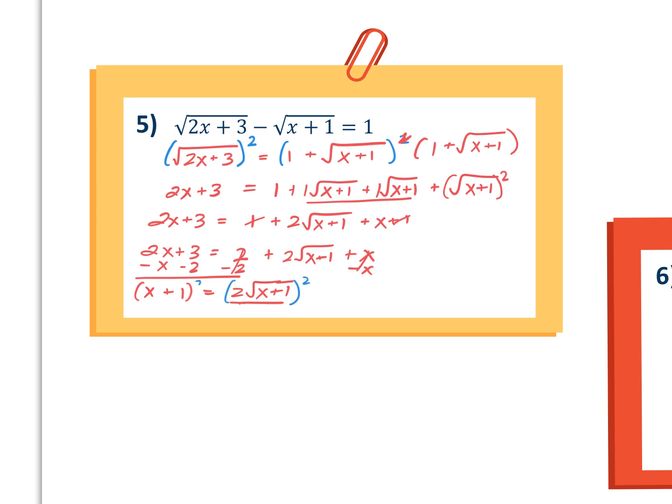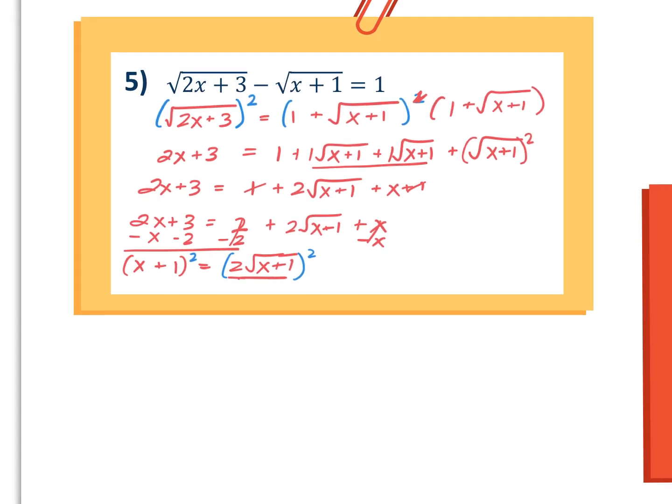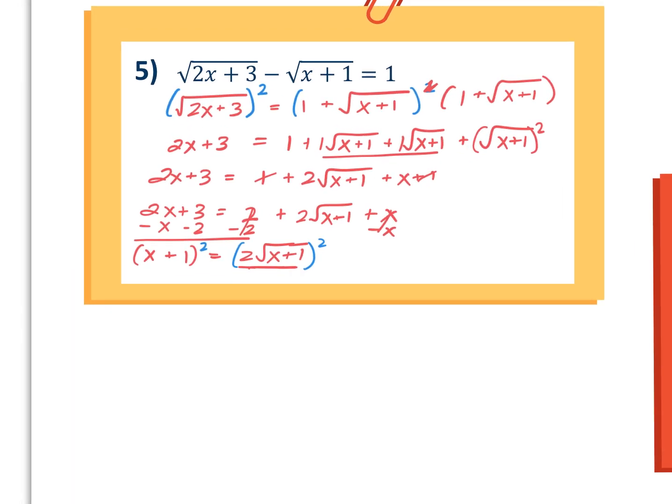So when I do that, I'm going to get x squared plus 2x plus 1 equals 4 times, so 2 squared is 4, and then the square root of x plus 1 squared is just going to be x plus 1.